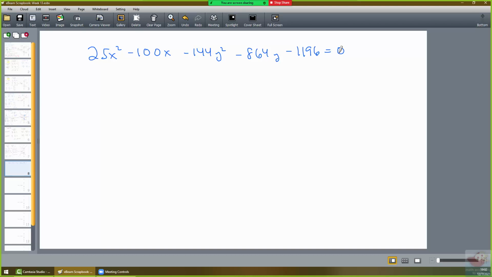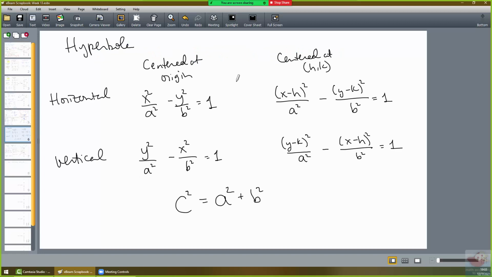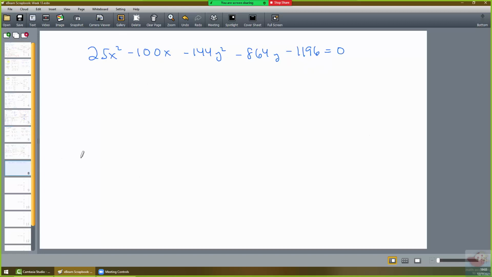Truth be told, I may have made a mistake. We'll figure it out later. So you might have the directions that say find the center, find the vertices, foci, and so on, but it looks like this, which is, as people would say, crazy talk. So the way you get it into the formats that we're used to, you have to complete the square.